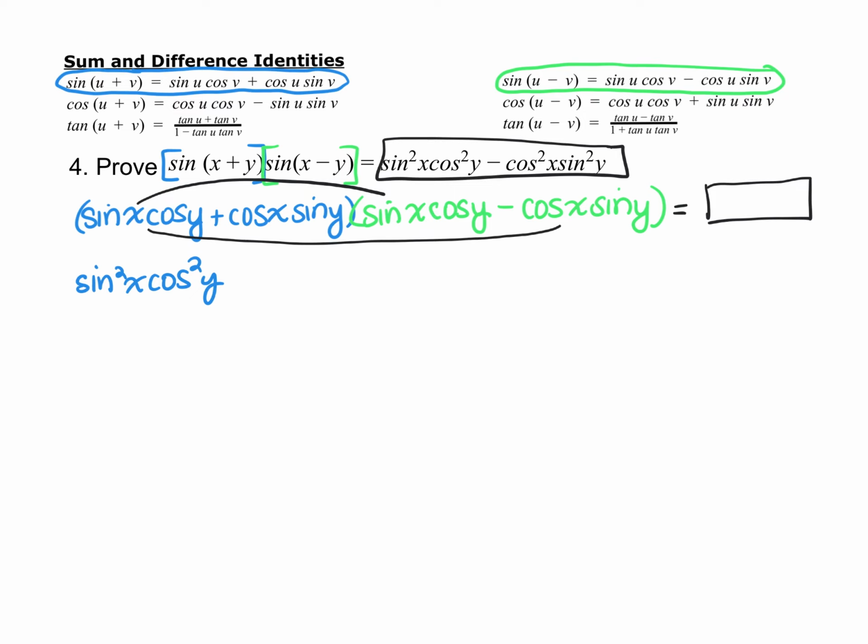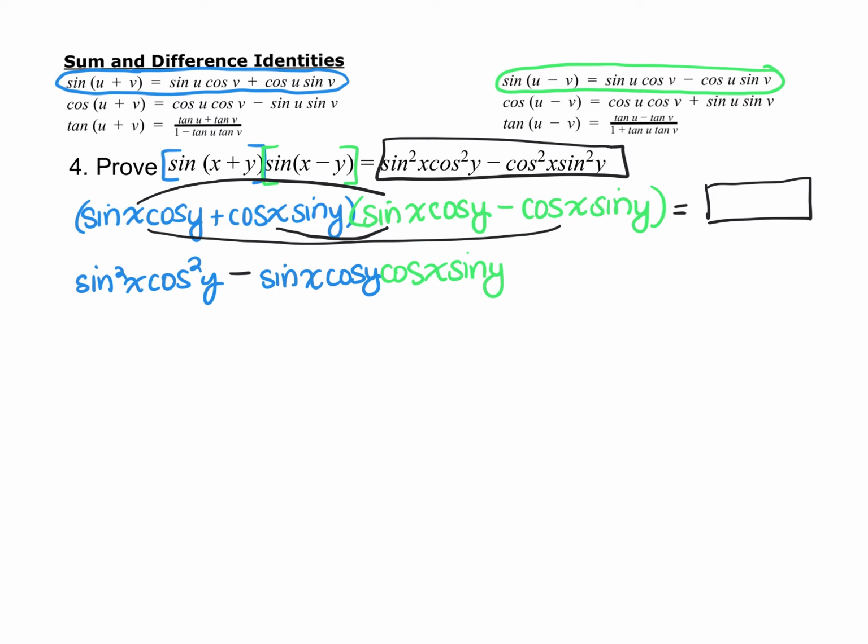Outside terms are these two. So sine of x cosine of y times cosine of x sine of y. This is going to be minus because we're going to multiply a positive times a negative. Sine of x cosine of y times cosine of x sine of y. That's ugly. All right, and then the inside terms, well, that's a positive times a positive, so that's good.